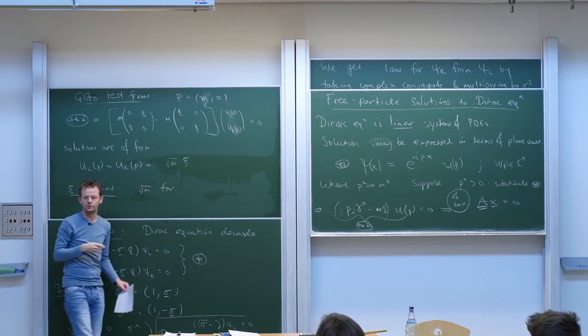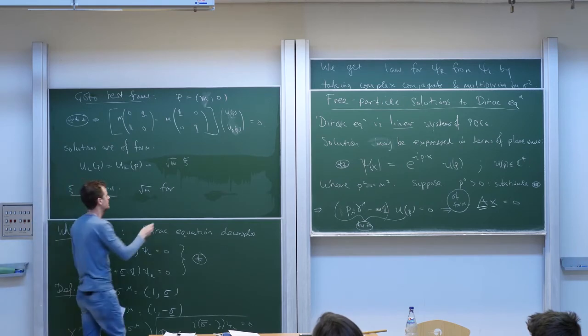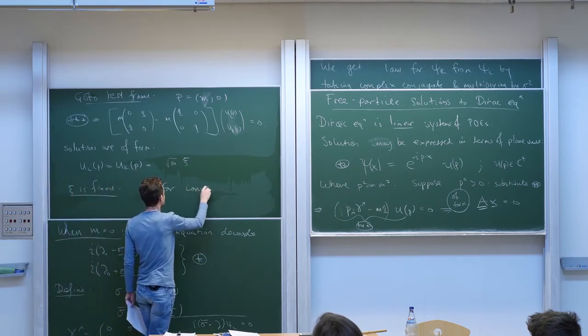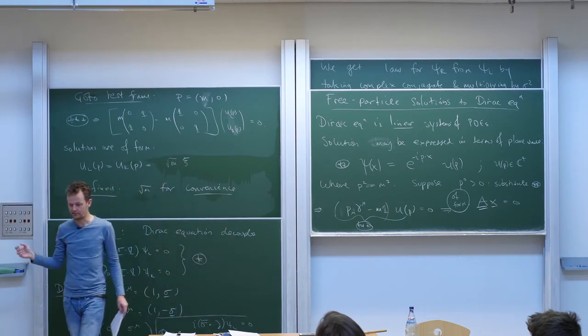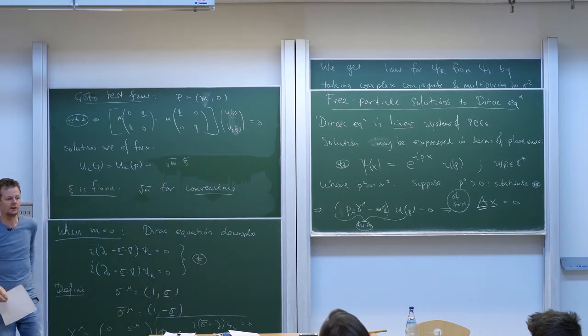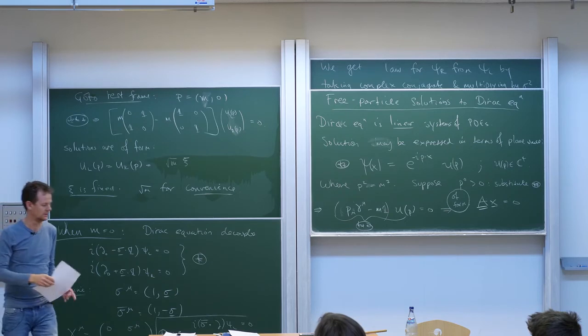And why on earth this root m? Well, it's there for convenience. You'll see later on that if we didn't put the root m in there, then the answer would look uglier, and then we'd want to put the root m in there.